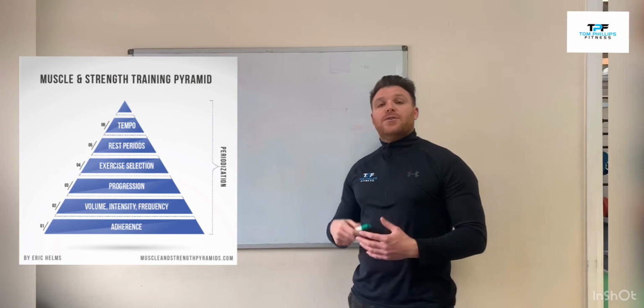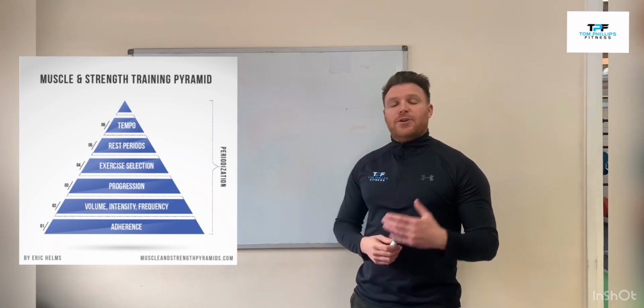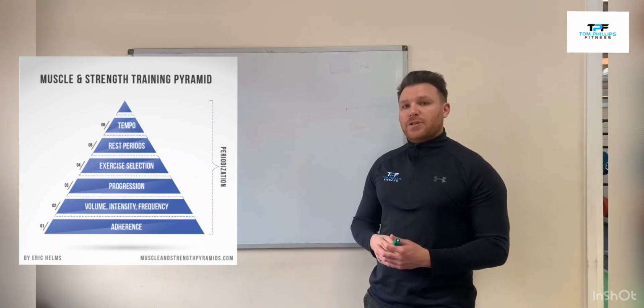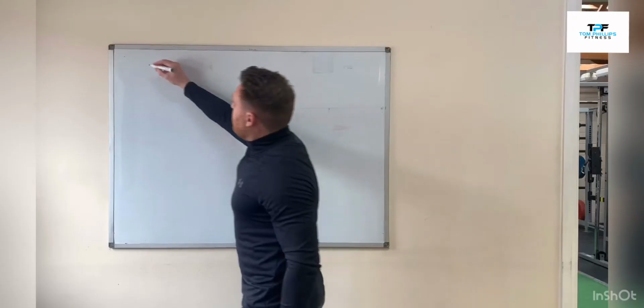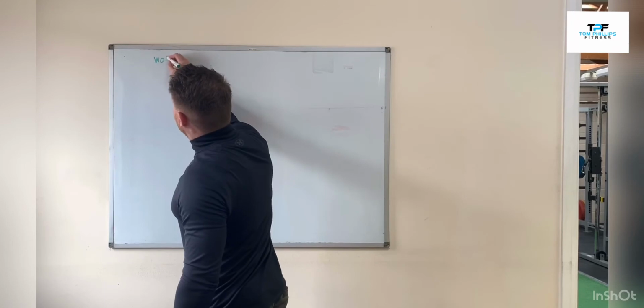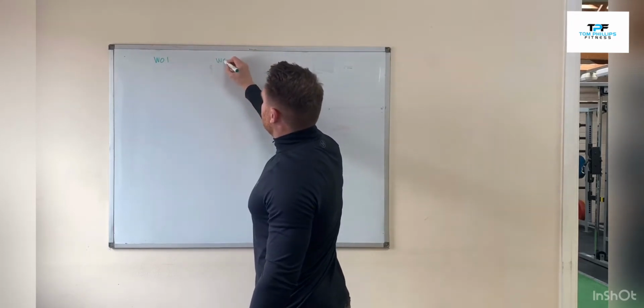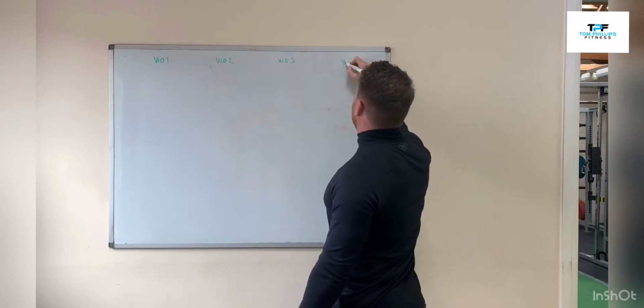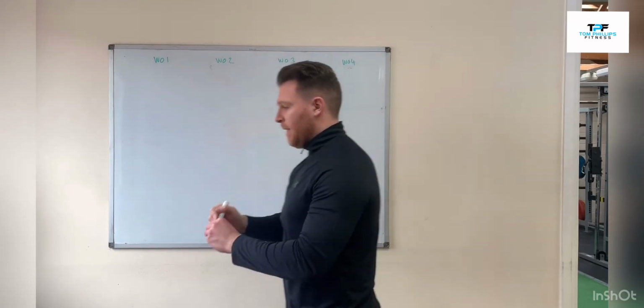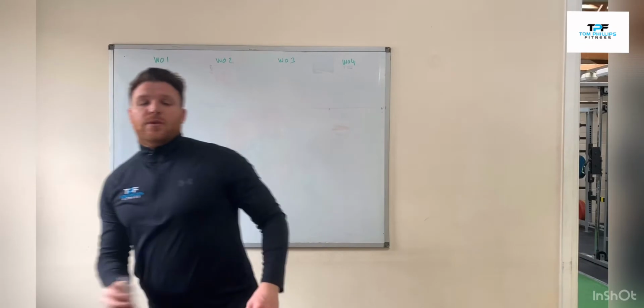So now we've got the overview of a program and you can understand a little bit about why we do what we do, we can jump in and have a look at what a program might look like. Working off the basis of 4 workouts: workout 1, workout 2, workout 3 and workout 4. Firstly, we've got our bread and butter.